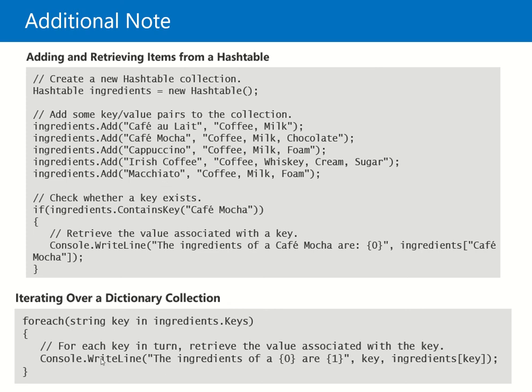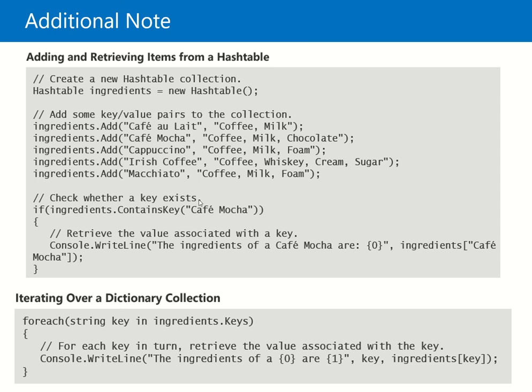Now I want to write it in the console, for example, for each of the loop. Console.WriteLine, the ingredients of a, two placeholders here. The first placeholder, are, and then the second placeholder. Okay, first placeholder is the key. Every time it loops, it will retrieve the key from the hash table.